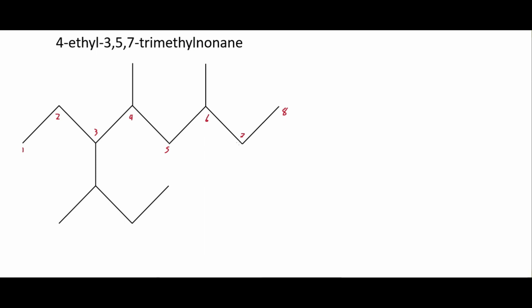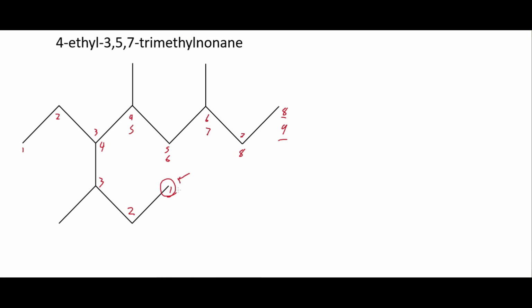But what we'll see is that we actually have 1, 2, 3, 4, 5, 6, 7, 8, 9. And so we would actually want to start counting from this carbon because this is actually the longest continuous chain of carbon. So we see this one actually has 9 rather than 8. And so we would actually start from that carbon there.